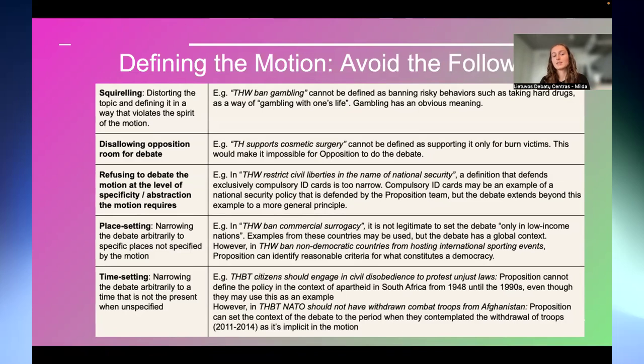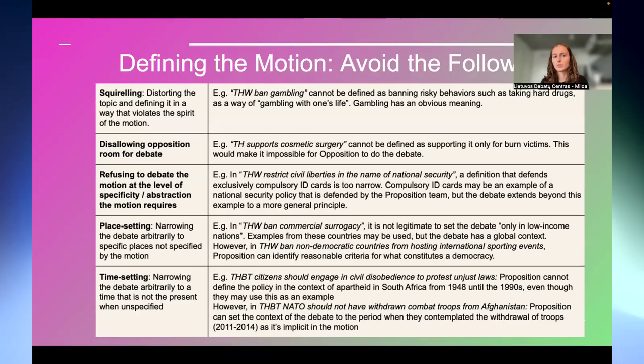The second mistake is disallowing opposition room for debate. So this is quite similar. If you're debating about supporting cosmetic surgery, you cannot say that you only support it for people who have been burn victims or have scars or something.